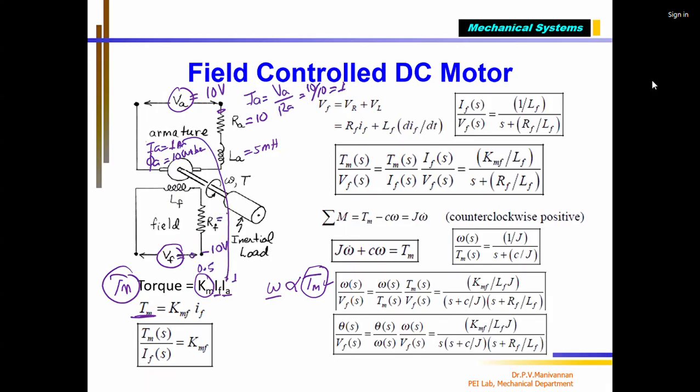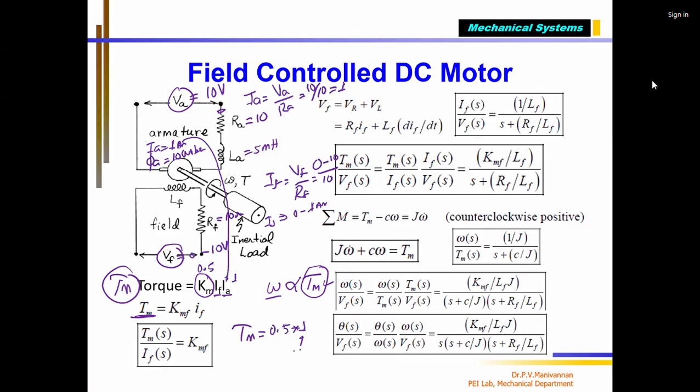And I know RF equal to 10 ohms. Then IF equals VF divided by RF. VF I'm varying from 0 to 10 volts, and RF is constant, 10 ohms. In that case, what will happen? IF will vary from 0 to 1 amp. So in this equation, TM equals 0.5 multiplied by 1 amp IA.